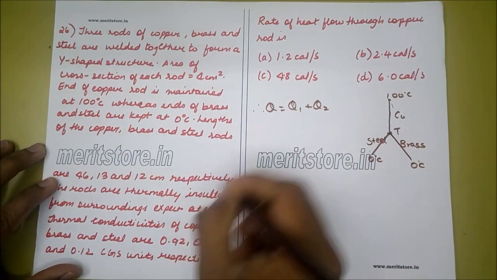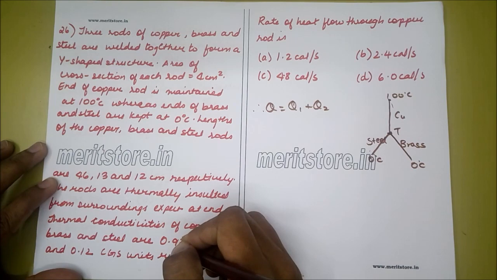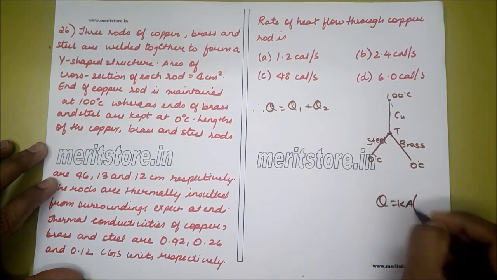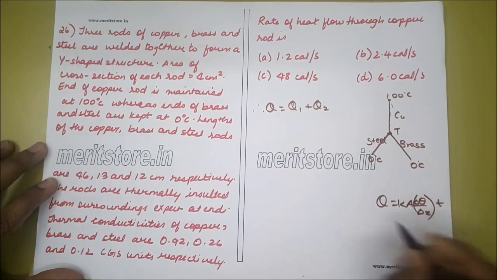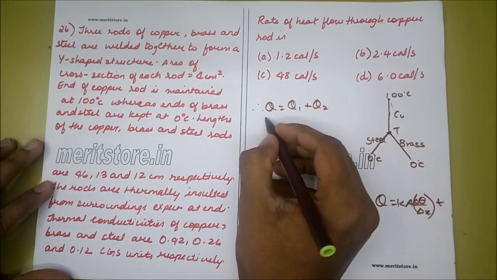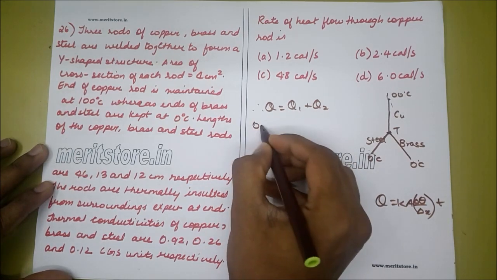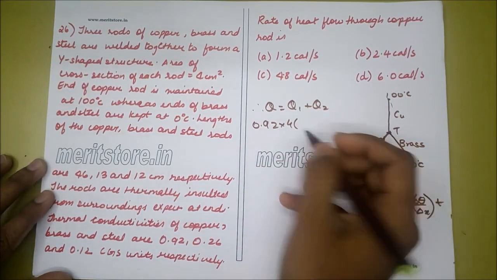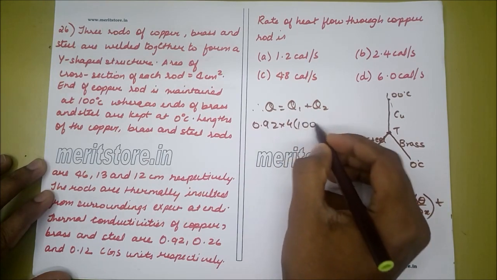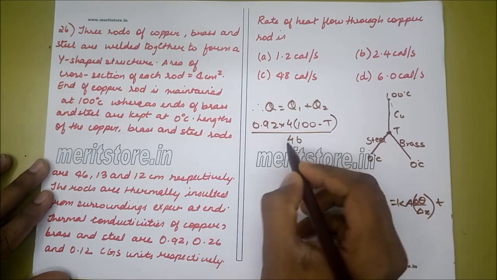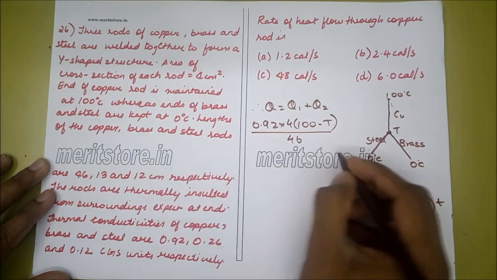So the total heat Q that is flowing can be given by Q is equal to K A delta theta upon delta X times t. Using this formula, the K value for copper is 0.92, times 4, which is the area of cross section, times 100 minus T, that is the junction temperature, upon 46, that is the length of the copper rod.